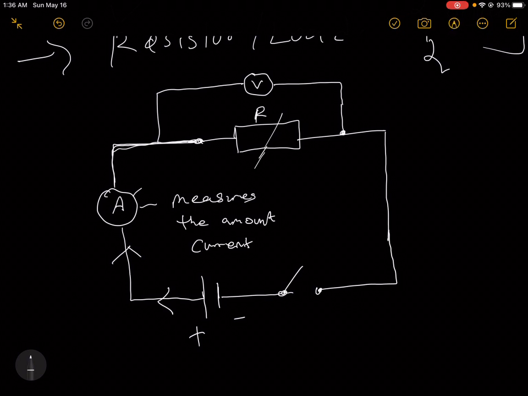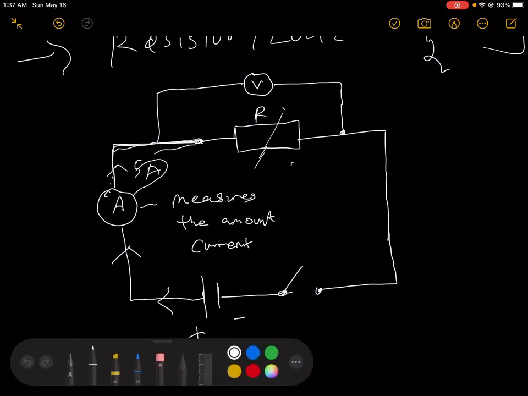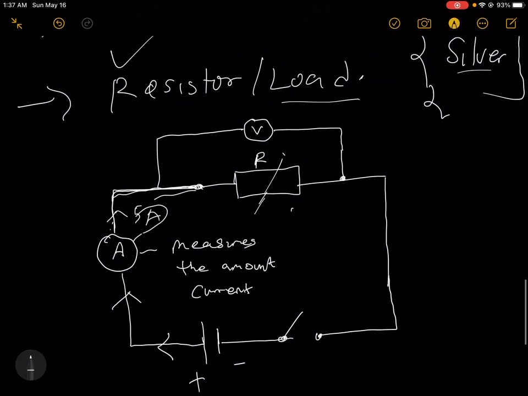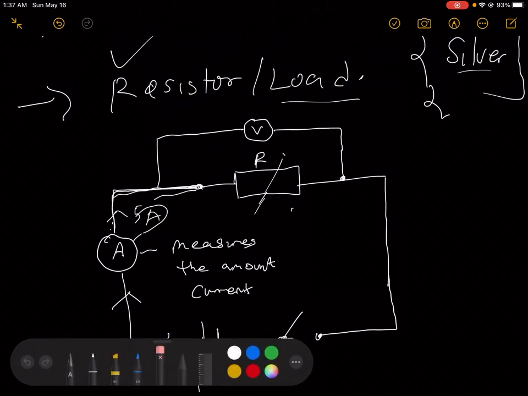So for example, if I change this resistor to a bulb, or I change it to a charger that actually charges a device, it means that if 5 ampere flows through here, this charger is going to consume some current out of this 5 ampere. So that's what a resistor acts as in this circuit, or I call it load. Yeah, so that's what I mean by that.